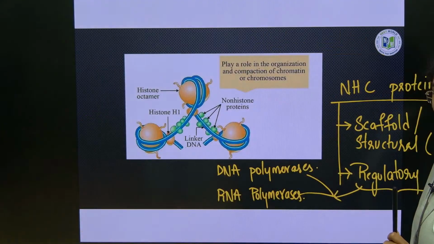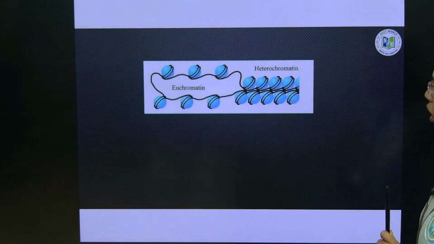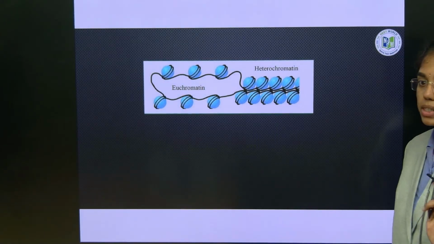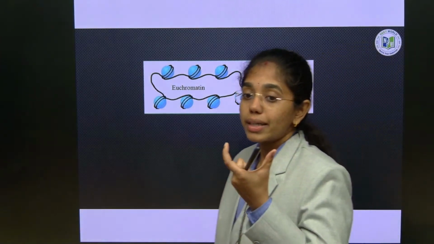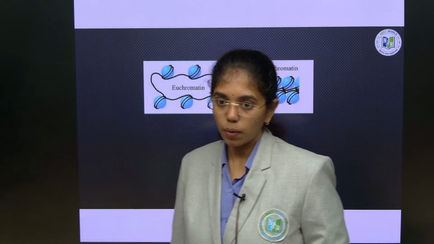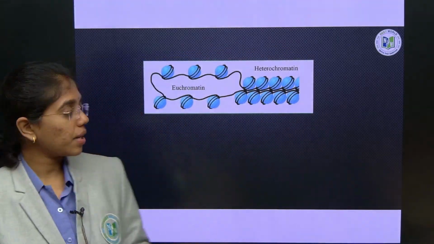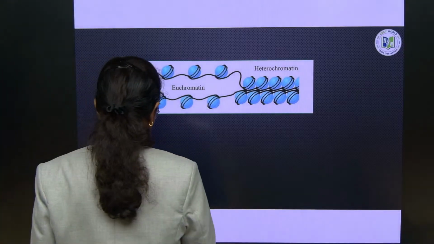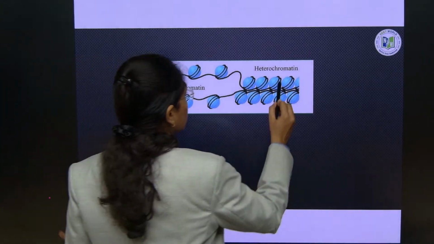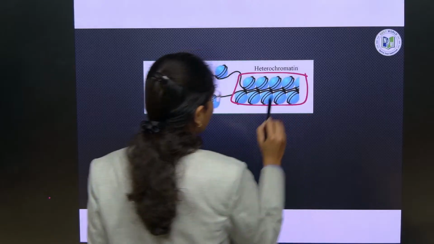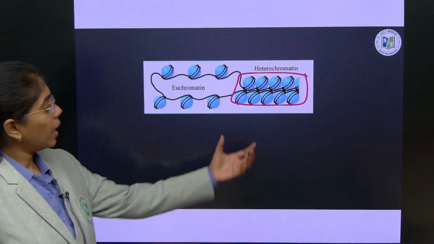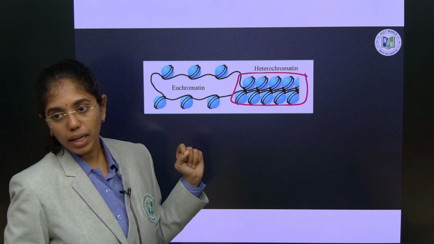Clear with nucleosome model? Now, after compaction of the DNA, you will come across two types of DNA segments. The regions where DNA is highly packed are addressed as what? Heterochromatin region. This is the region which is highly packed DNA. Complete compaction of DNA is seen.